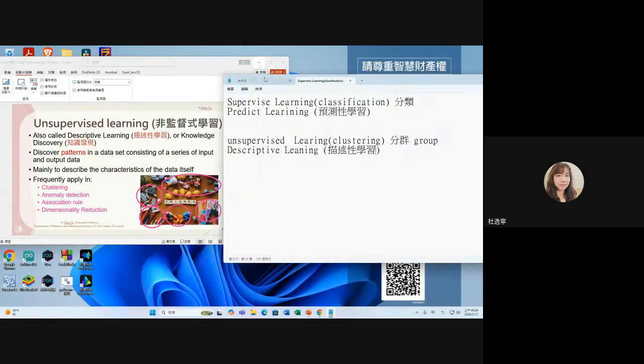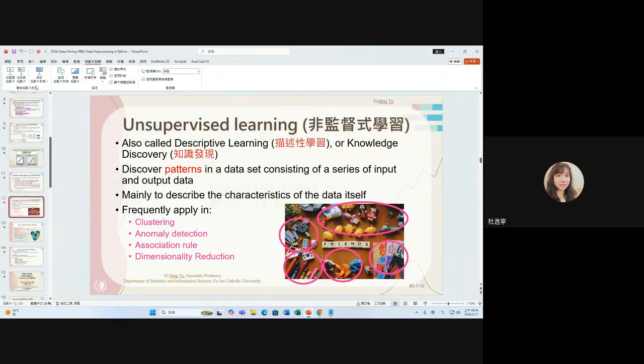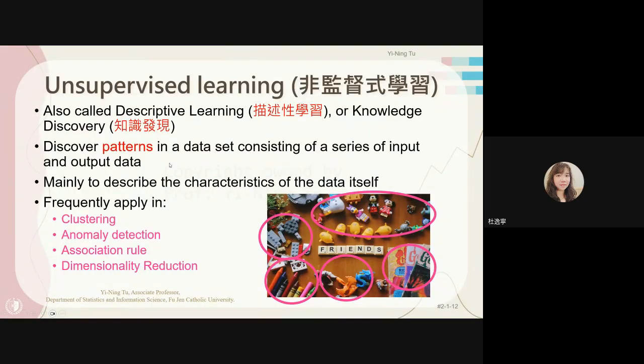And we want to discover patterns. 我们上次有讲这个叫模式, different from model. Model 是模型. Okay, for example, here, discover patterns in a data set consisting of a series of input and output data.